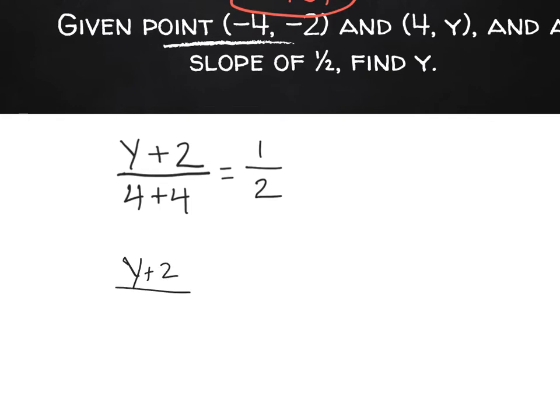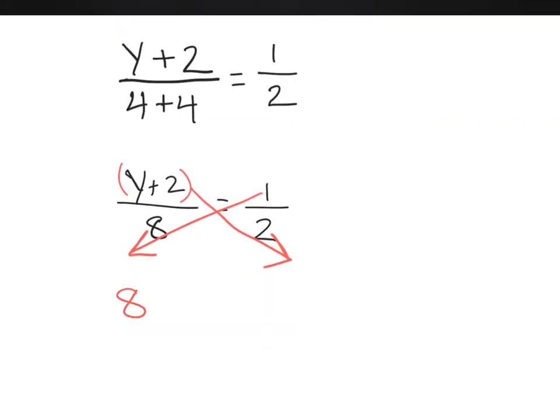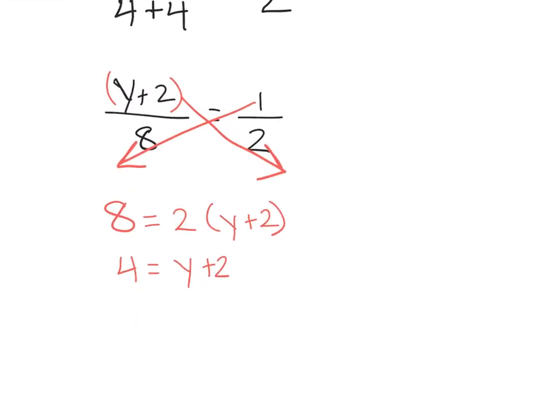So I have y plus 2 over 8 equals 1 over 2. I have a proportion. You did learn about these last year, but you might be rusty. I can cross multiply here and set them equal. So I can set up an equation that says 8 equals 2 times y plus 2. And then when I'm doing some algebra, I get 4 equals y plus 2 because I'm dividing by 2. Subtract the 2, and I have y equals 2.